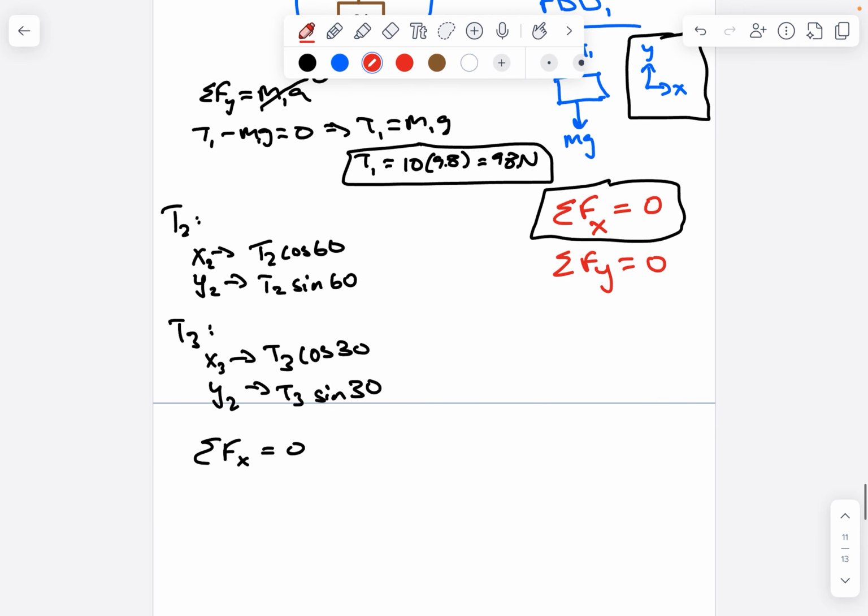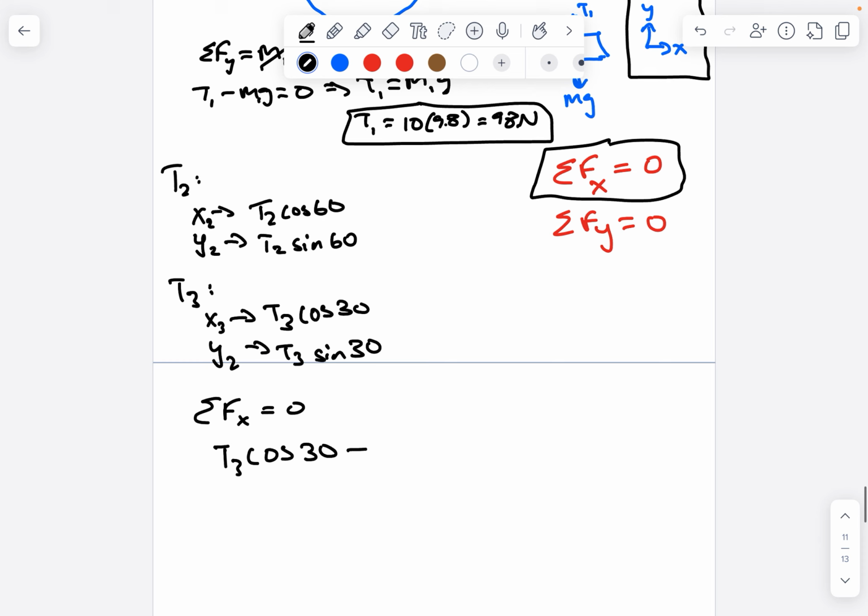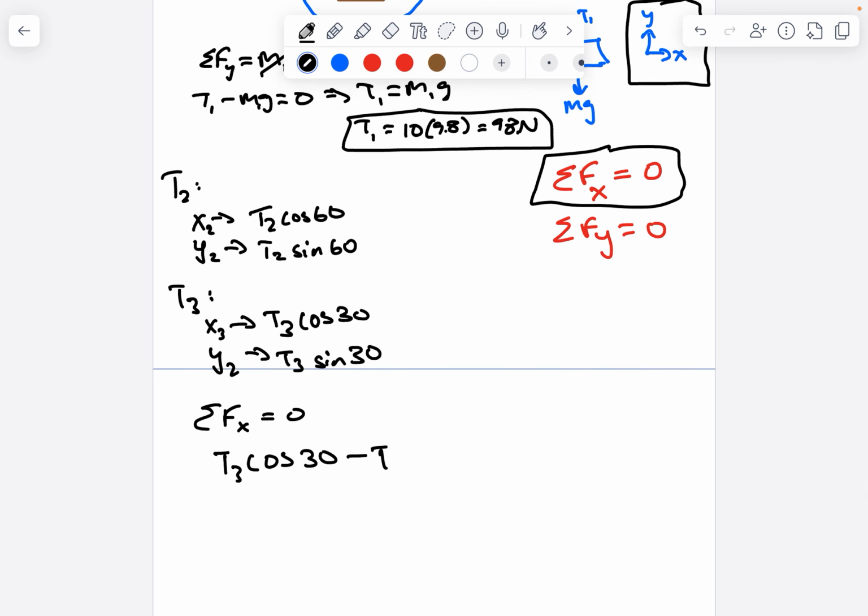So our positive x would be T3 cosine 30 minus T2 cosine 60 is equal to 0. So we get T3 cosine 30 is equal to T2 cosine 60.